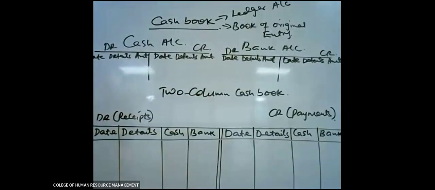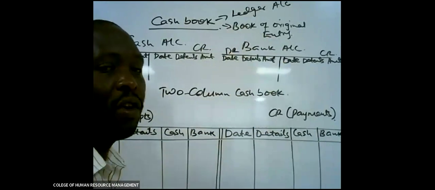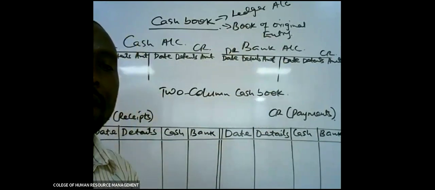A ledger account must have a debit and credit side. So a cash book, because it has a debit and credit side, is considered to be a ledger account. But at the same time, it is also a book of original entry, or a journal. Why?